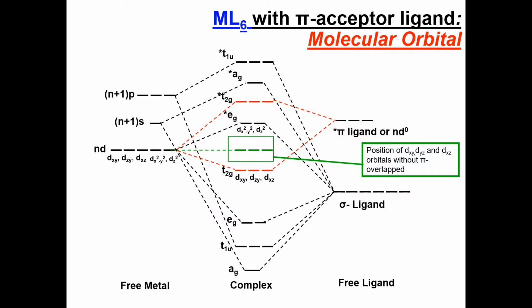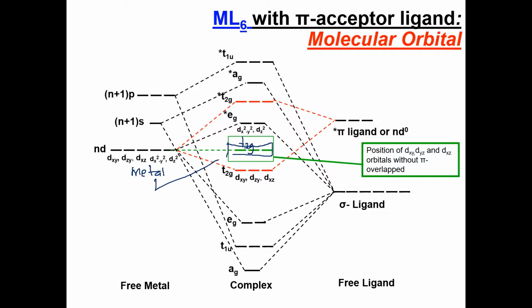So this is the MO diagram for the pi overlapping. Previously, you learned the sigma overlapping, where you have this energy level, the T2G energy level, which is at the same energy level as your metal energy. Why is that?